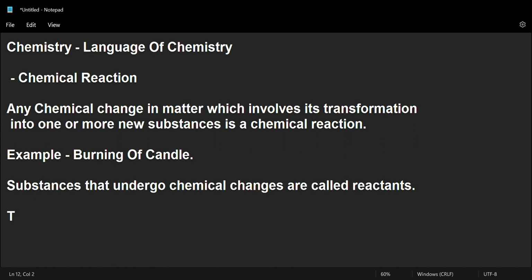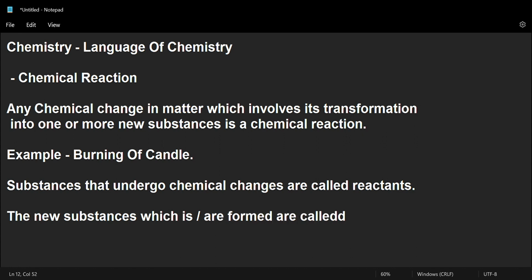The new substances which are formed are called products. So, substances that undergo chemical changes are called reactants, and the new substances which are formed are called the products.